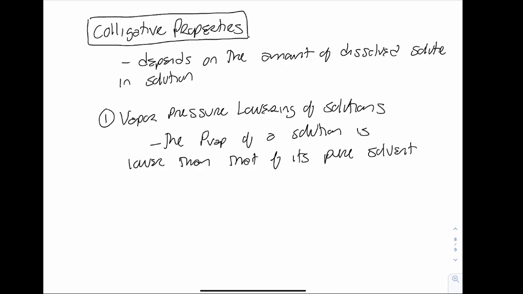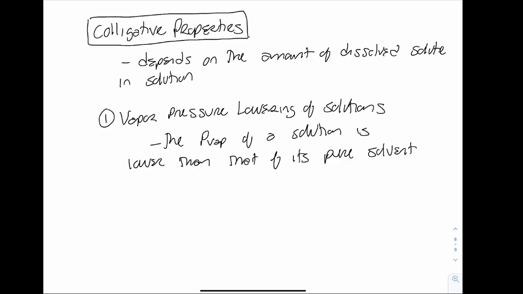So whatever the solvent is in that solution, you're comparing the solution to that solvent. And the vapor pressure of the solution is going to be lower. And then since it's a colligative property, if I have a 1 molar solution compared to a 2 molar solution, the 2 molar solution is going to be even lower yet. So the more concentrated your solution, the more pronounced this effect.